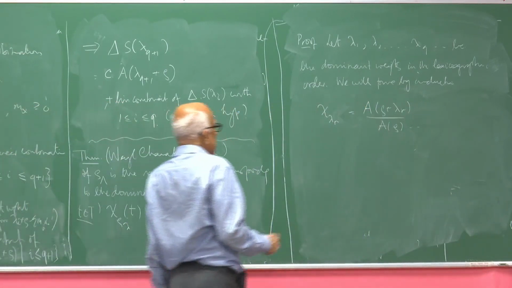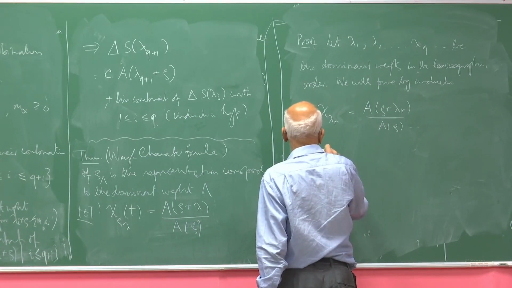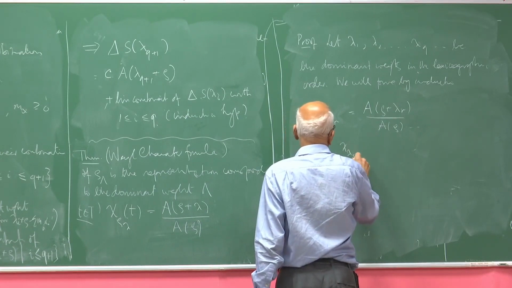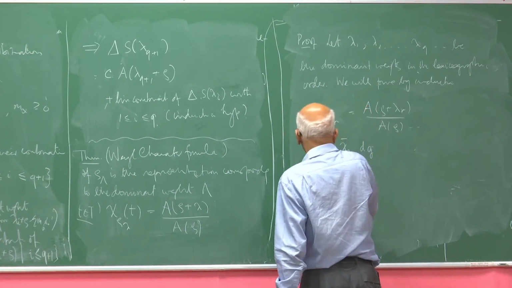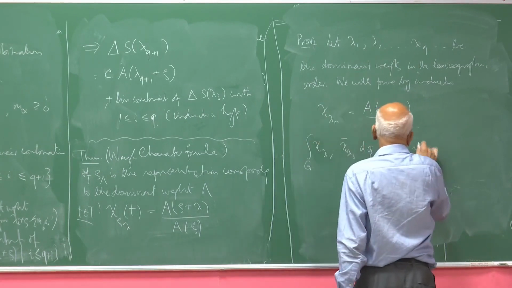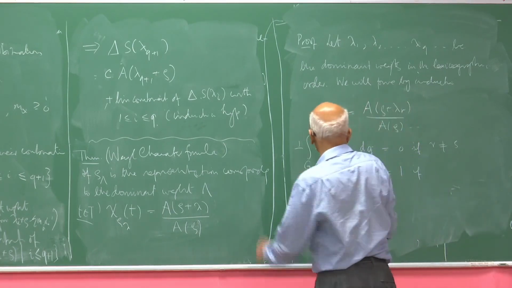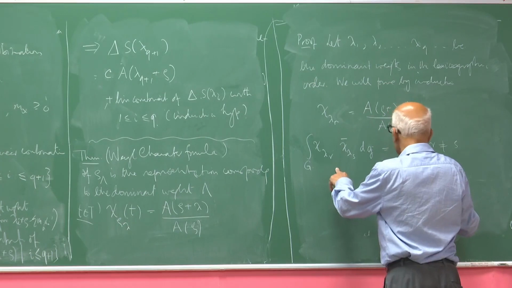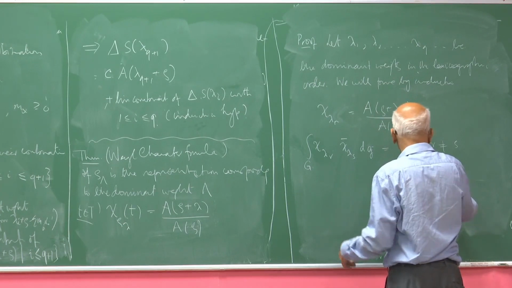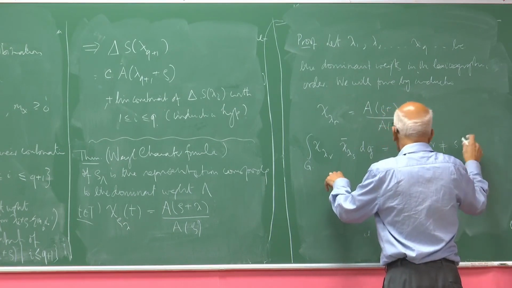The point is this: we know that the integral of chi lambda r times chi lambda s bar dg over the compact group G is 0 if r is not equal to s, and equal to 1 if r equals s, where we normalize the Haar measure.